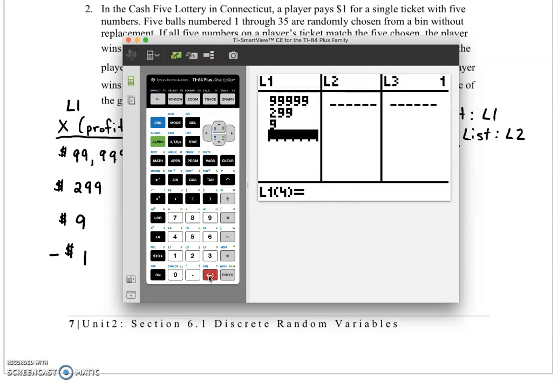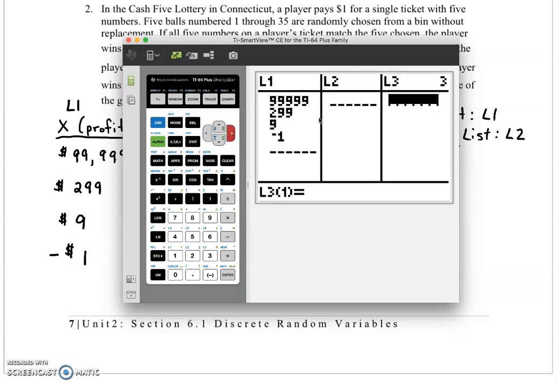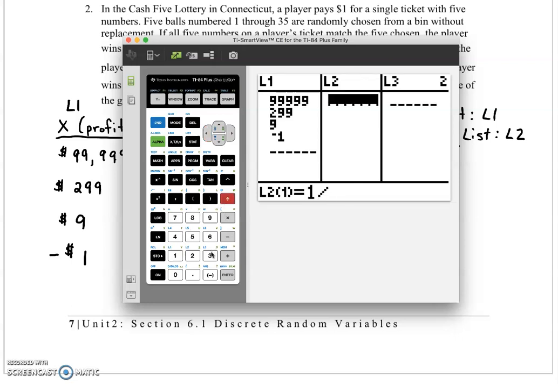And the last possibility is we lose $1, so -1. In L2, we're going to have 1 divided by 324,632.